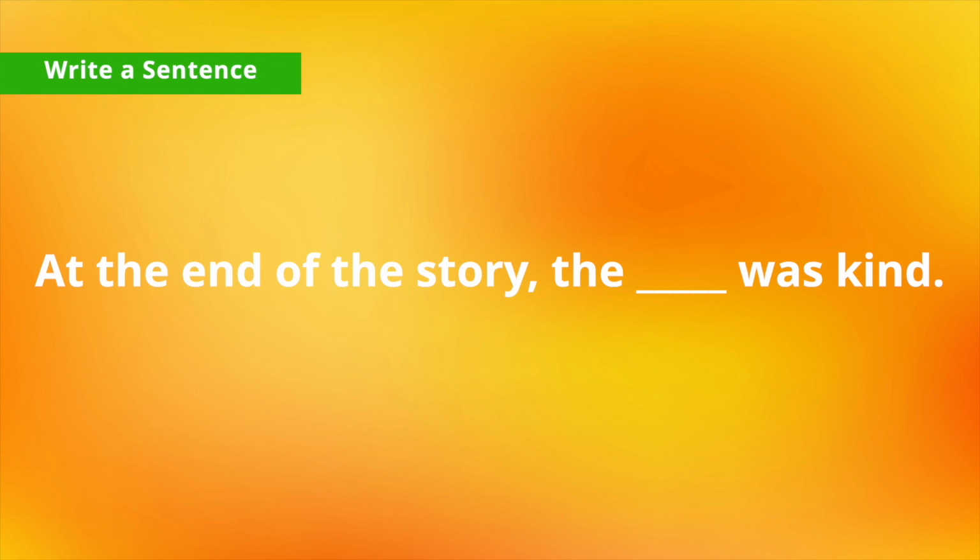And I want you to put their name in the blank. Who had the kind character trait at the end of the story? Lion or mouse? Now, you can choose any of these sentences to write, or you can be a super special student and write all three.